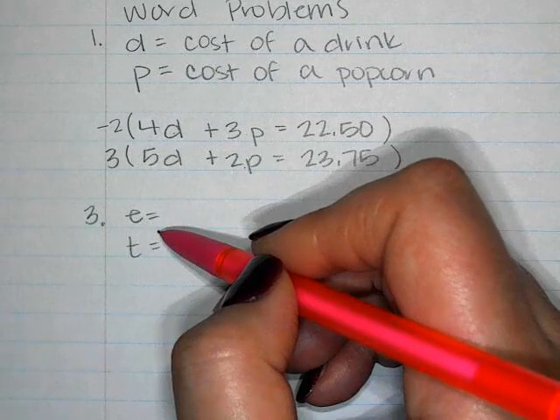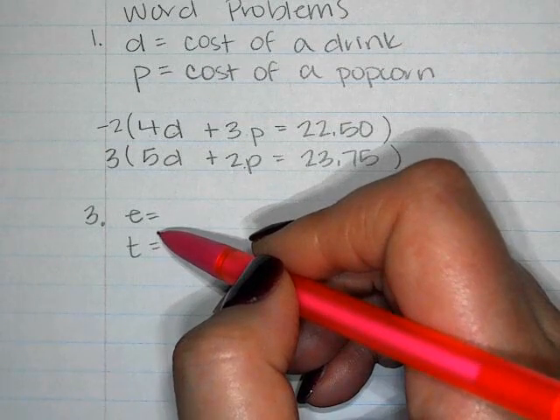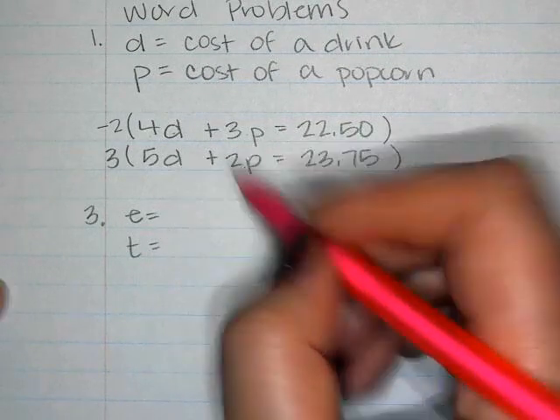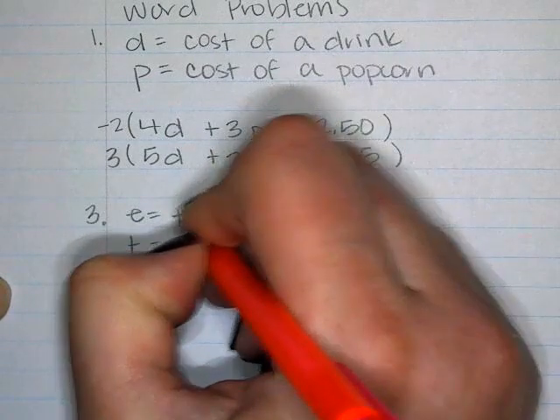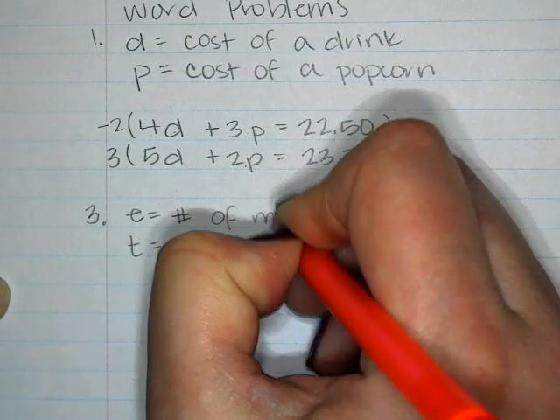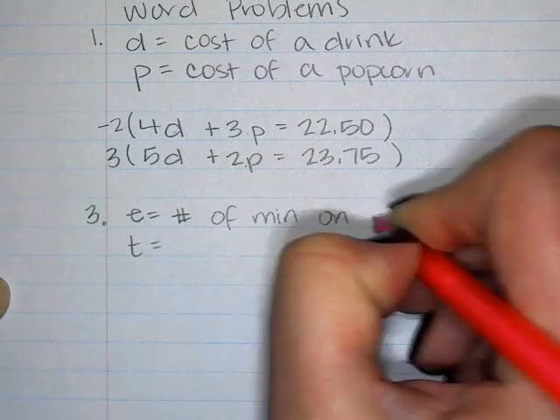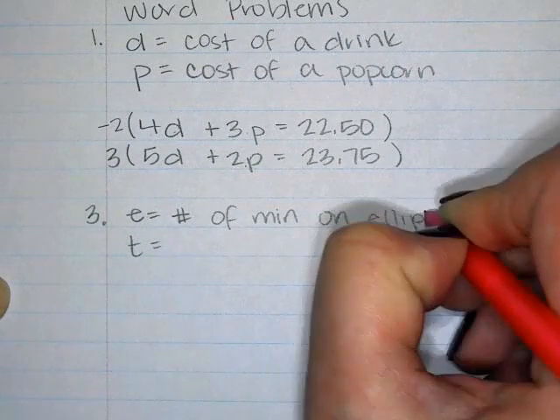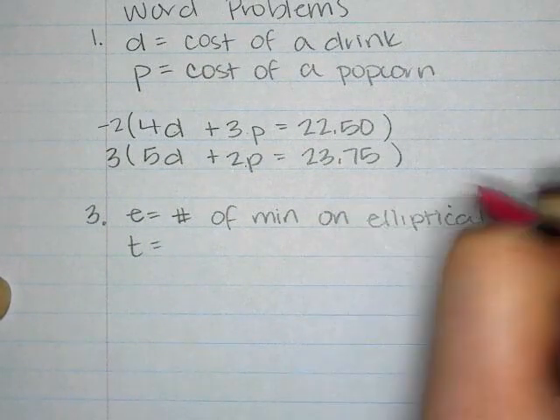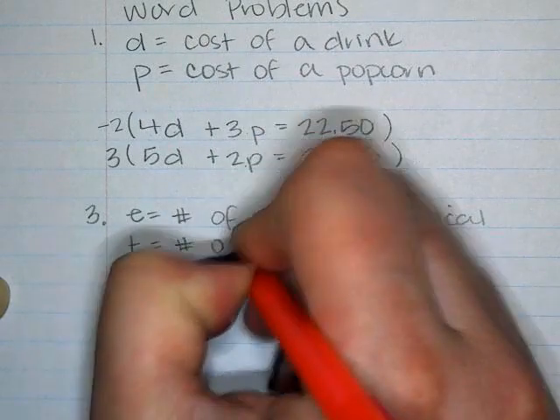The number of minutes. So this is the number of minutes on the elliptical. And this is the number of minutes on the treadmill.